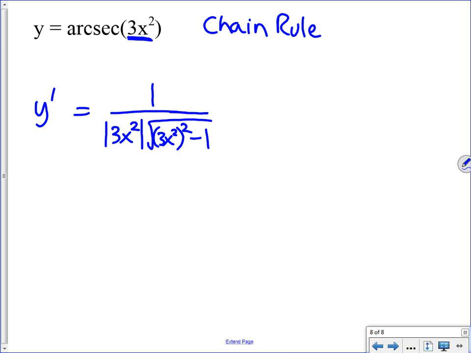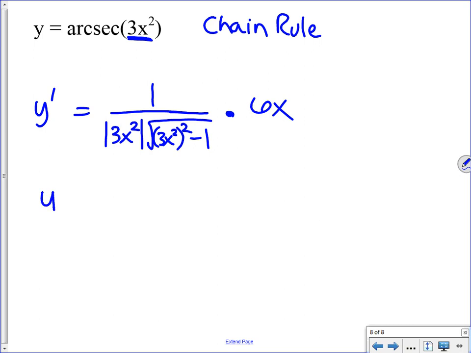So I hope you see that what I did there is I took the rule that we learned, the derivative of arcsecant, and basically just plugged in 3x squared in place of x. Okay? So that was finding the derivative of the outside but keeping the inside the same. But then we have to multiply that by the derivative of the inside. Derivative of 3x squared is 6x.